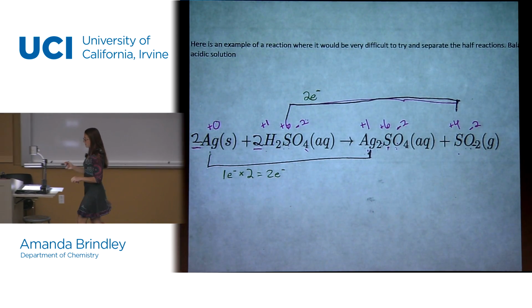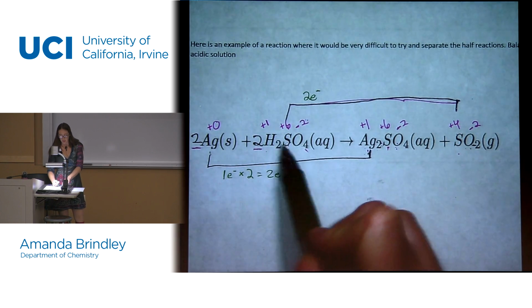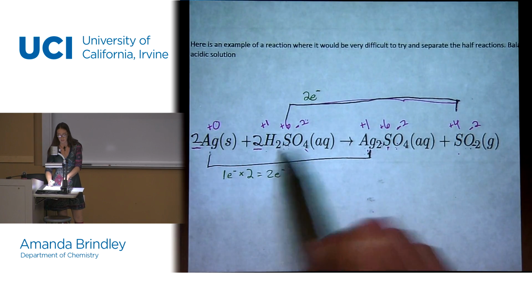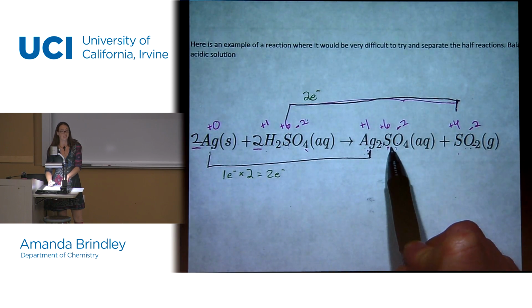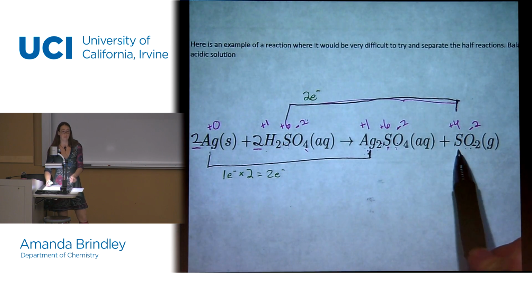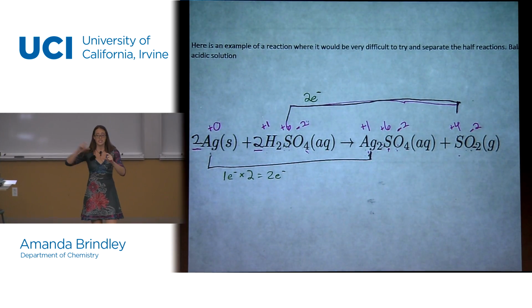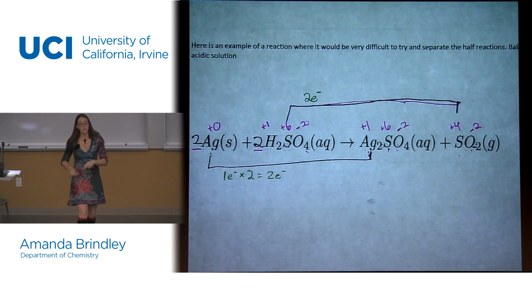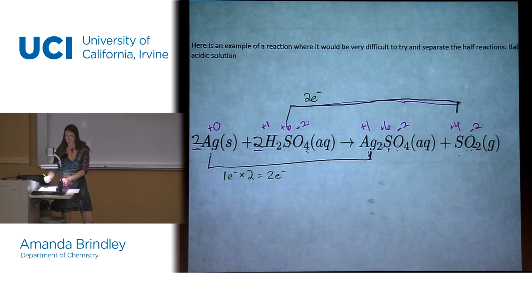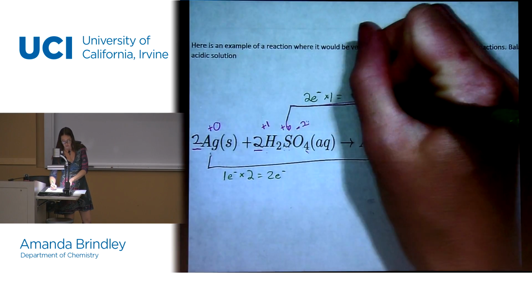It's 1. Why isn't it 2? You have 2 sulfurs here, but what is one of them doing? One of them is not doing anything. One of them is just staying as a sulfate. But one of them is going to the sulfur dioxide, right? So one's staying the same, one is changing. And so the one that's staying the same doesn't matter here. So it's just times 1.